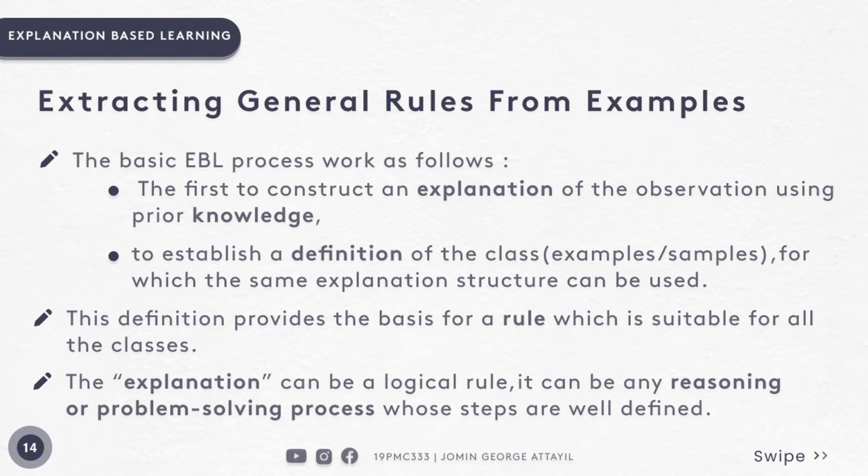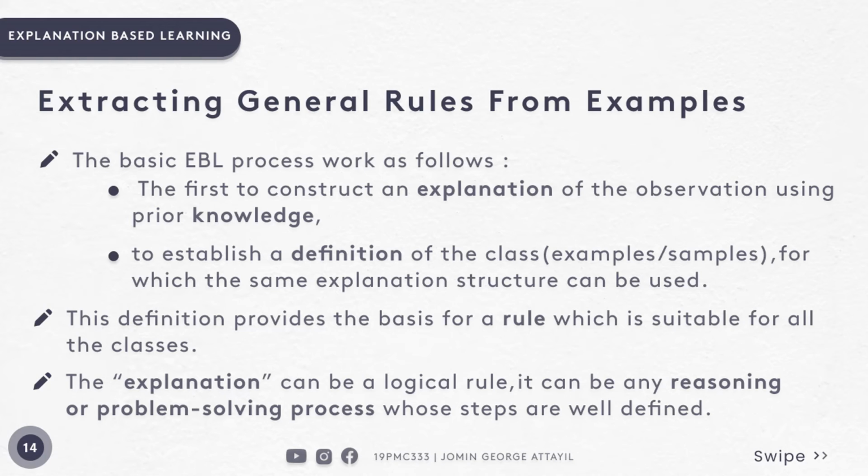So prior knowledge means a set of rules already stored in the knowledge base. By using those rules, we are going to observe the samples and construct the explanation, and this is otherwise called the definition of the classes. Here classes are nothing but examples or samples.